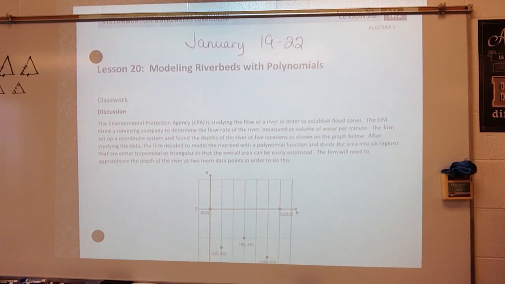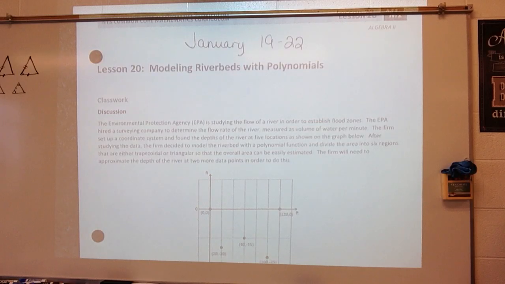Alright, so let's look at this. We're going to read through this modeling exercise here. It says the Environmental Protection Agency, or the EPA, is studying the flow of a river in order to establish flood zones. The EPA hired a surveying company to determine the flow rate of the river, measured as volume of water per minute. The firm set up a coordinate system and found the depths of the river at 5 locations, as shown on the graph below.